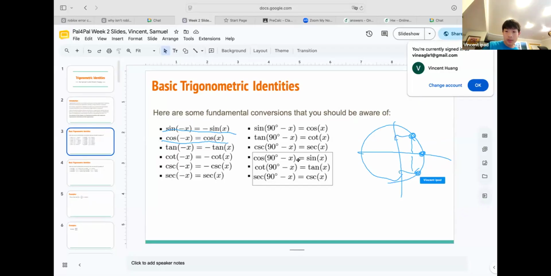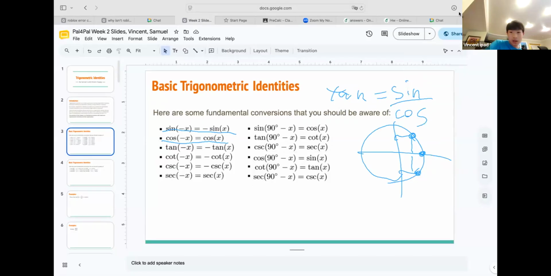Its cosine is going to be the same. Tangent is negative because tangent is sine over cosine. And cotangent, cosecant, and secant are from sine, cosine, and tangent.